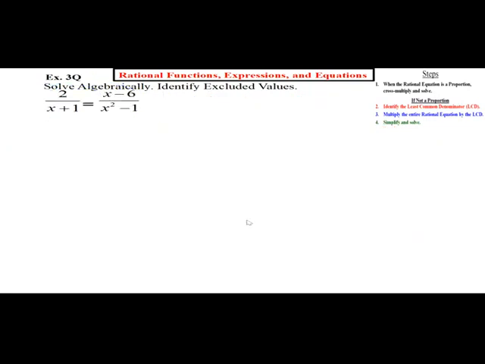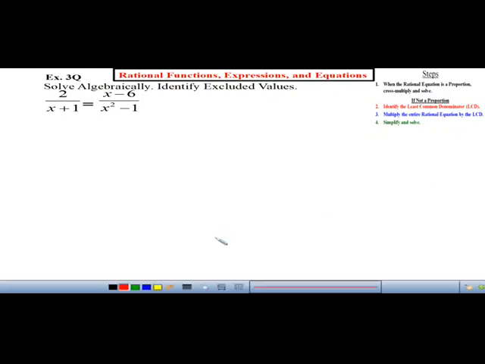Here we go. Example 3Q. Look at it. 2 over x plus 1 equals x minus 6 over x squared minus 1. Copy that. Let's do just the first steps, and we'll stop. Alyssa, what will I do?